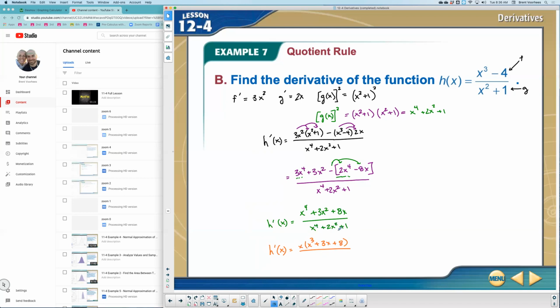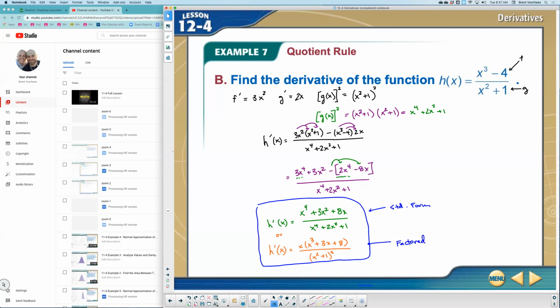All of this would be divided, and the denominator we know comes from this factor of x squared plus 1 quantity squared. And so that would be the factored form. You could write your answer in either way, whichever way you want. Again, standard form, factored form. So this right there is the standard form, and then here we'll call that factored form.